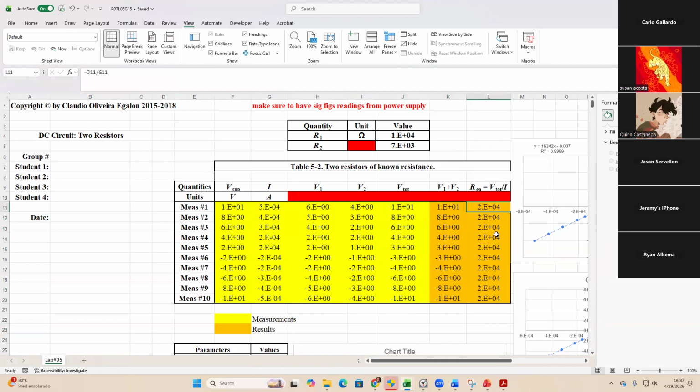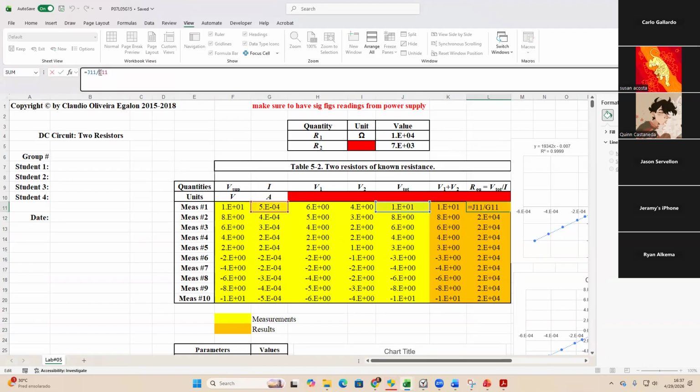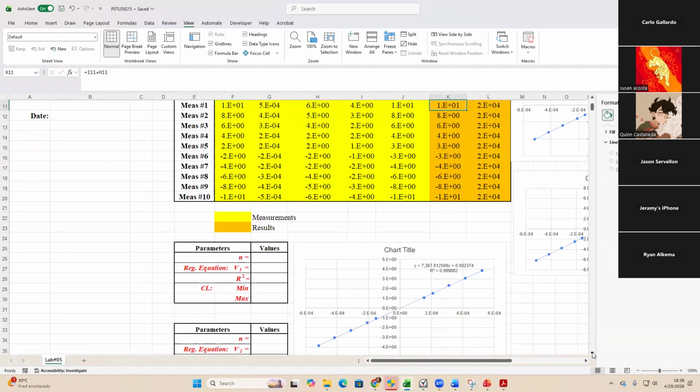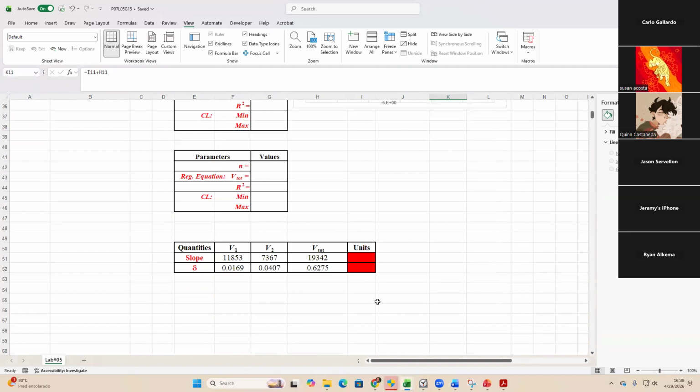And here is the equivalent resistance, right? Here is going to be the summation rule. Here's going to be the division rule for the significant figures. Summation rule, division rule for significant figures. What else can we highlight?